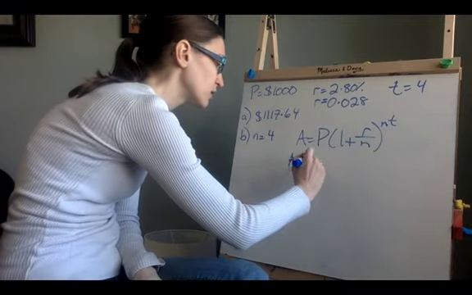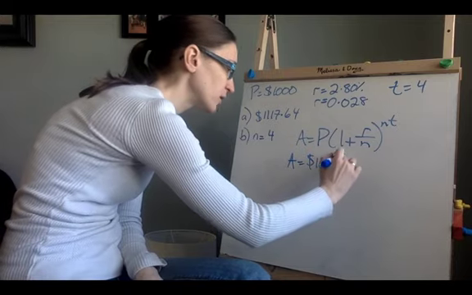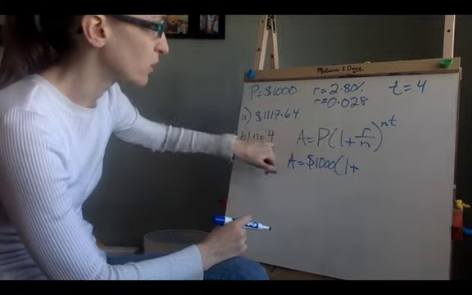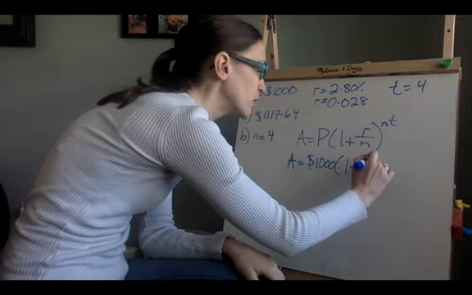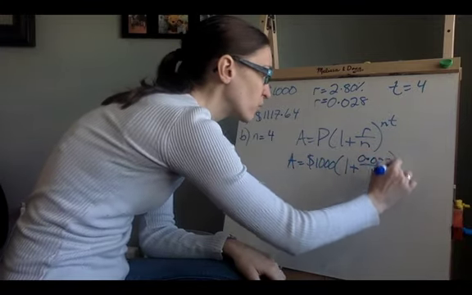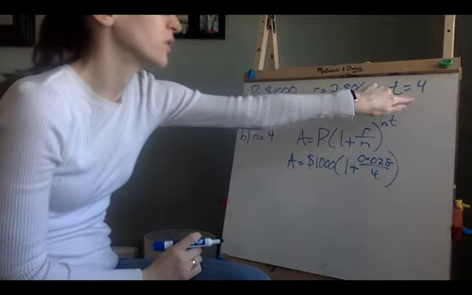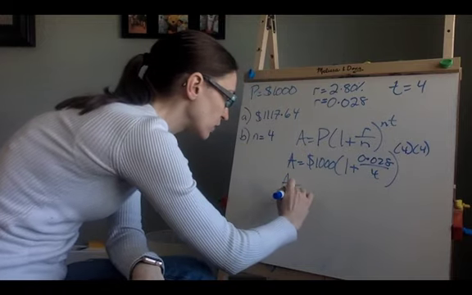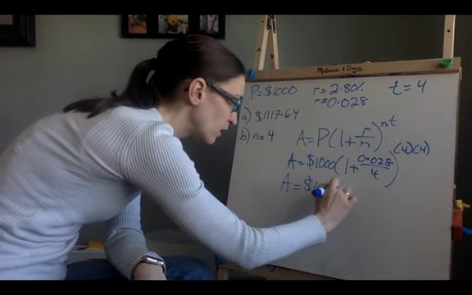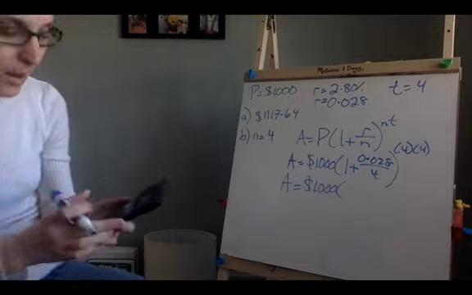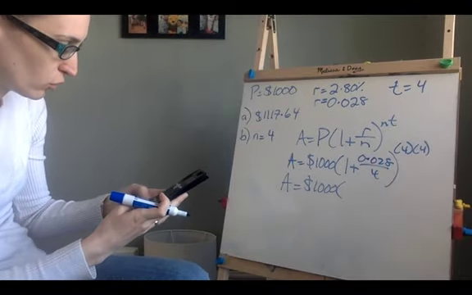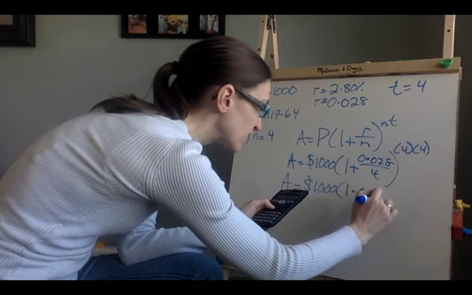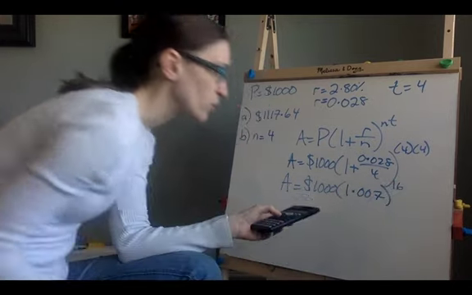My principal amount was again the 1,000, 1 plus my interest rate split up over 4, so 0.028 divided by 4, all to the power of 4 times 4. This can be calculated in one step: 1 plus 0.028 divided by 4 gives 1.007, to the power of 4 times 4, which is 16.